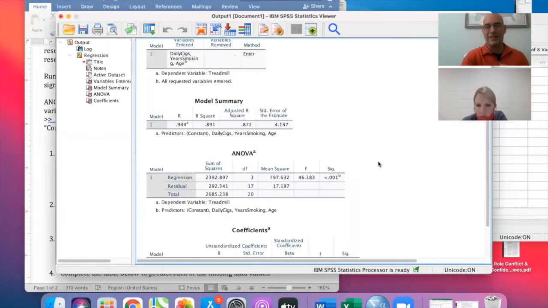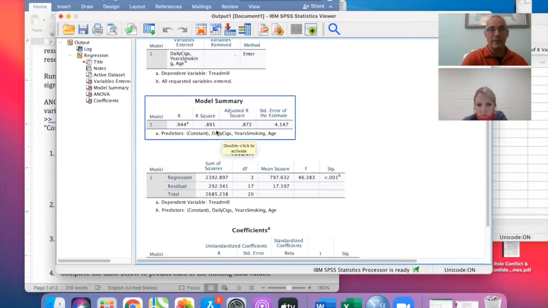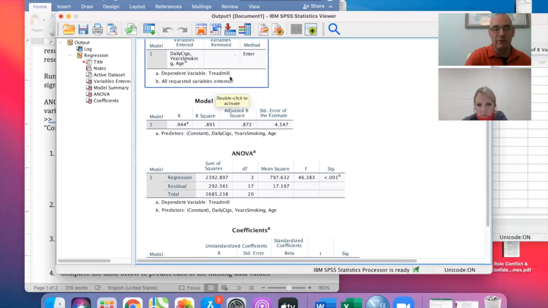So according to this model, and that's what statistics is, it's a way to model relationships or differences among groups, or describing data sets. We're just modeling. So in this case, this three-factor model is predicting about 89% of the variance in our outcome variable, which is results on this VO2 max test, this treadmill test.